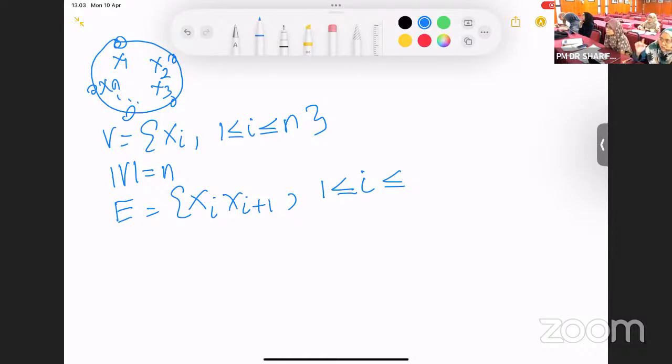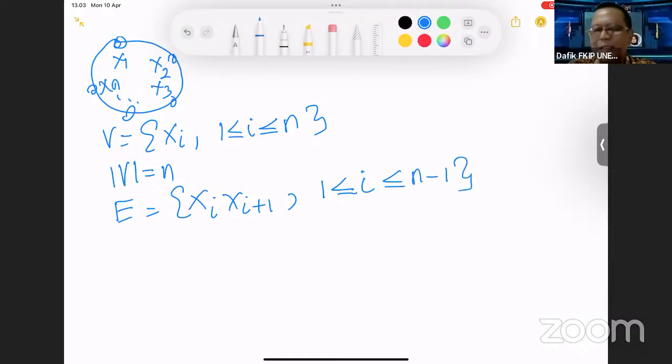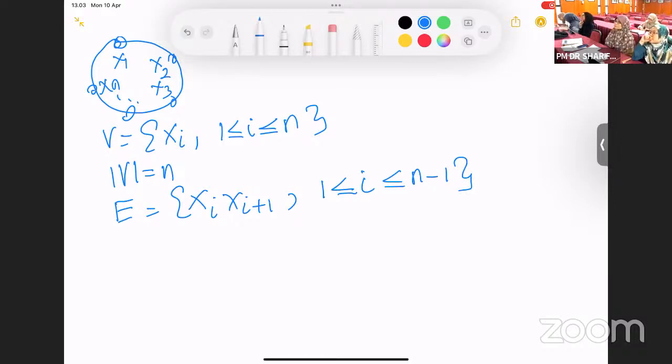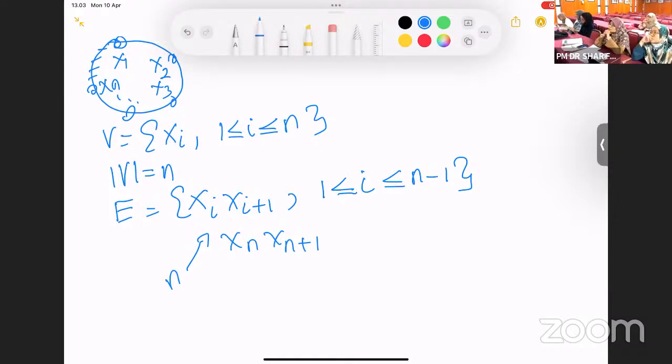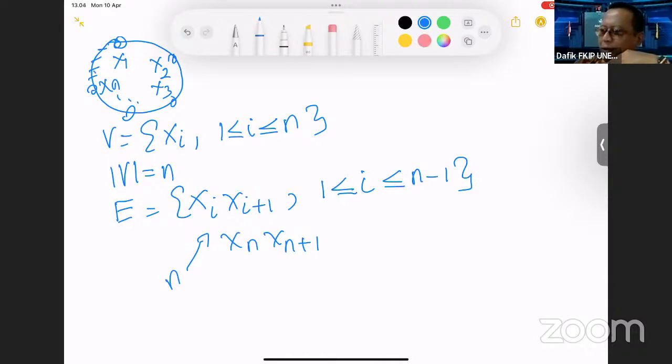It is n minus 1, because if you have n, then it would be xn to xn plus 1, but in fact there is no xn plus 1. With this domain, it does not cover this edge, so we need to add the union with xn x1. So that's the edge set.